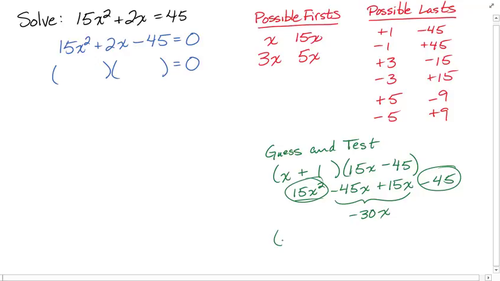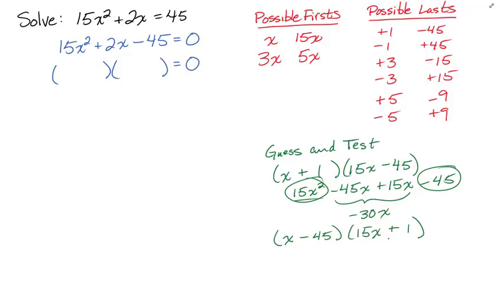Now, be aware that it could be the case that we would swap the 1 and the 45. That's another different combination. Or we could swap just the signs. So just with this pair we have a lot of choices.